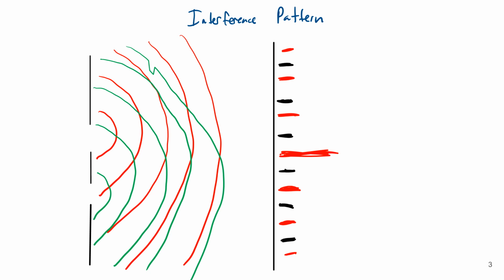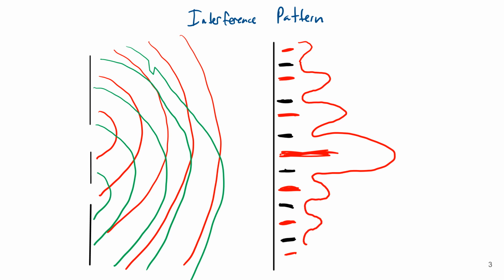And so again, I can keep track of how often those things occur, with the central maximum being the place where it happens the most often, and these black lines I have being the gaps where there's nothing due to destructive interference.